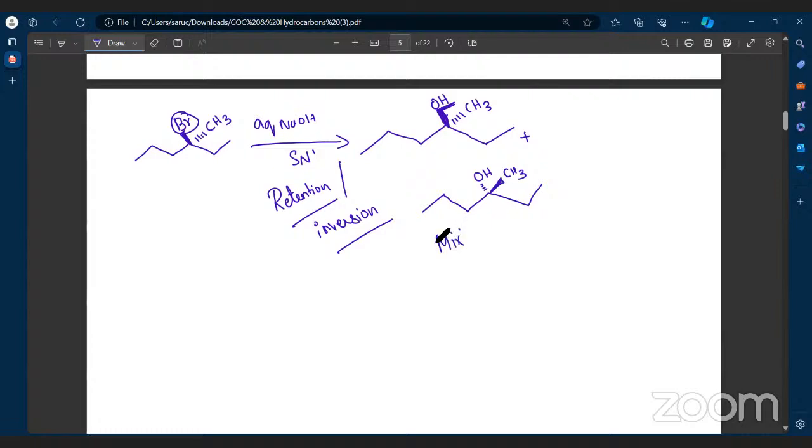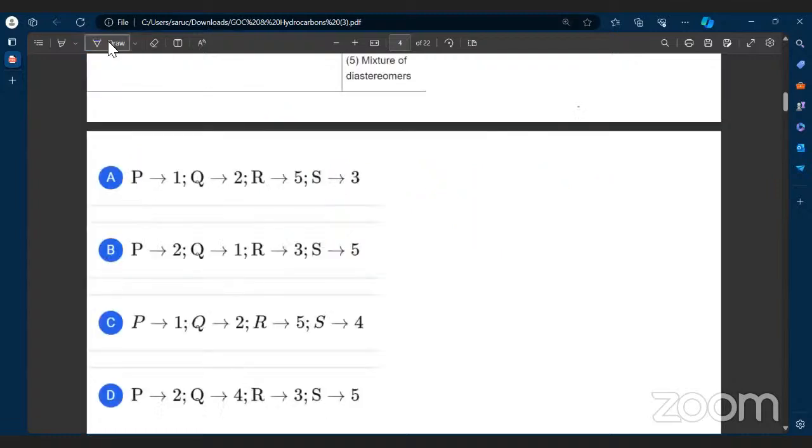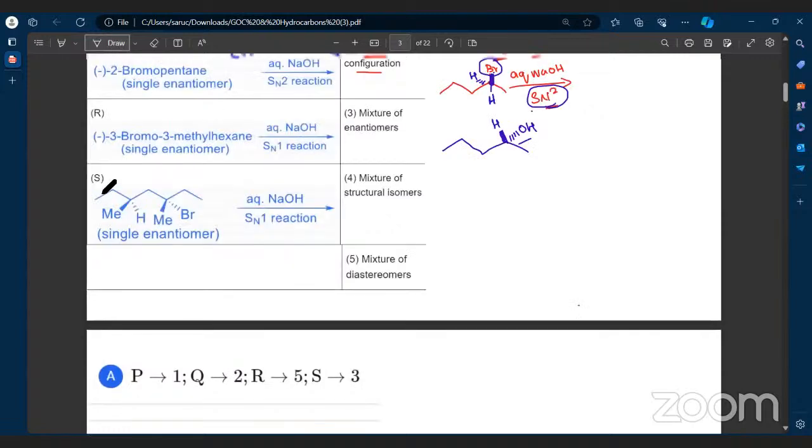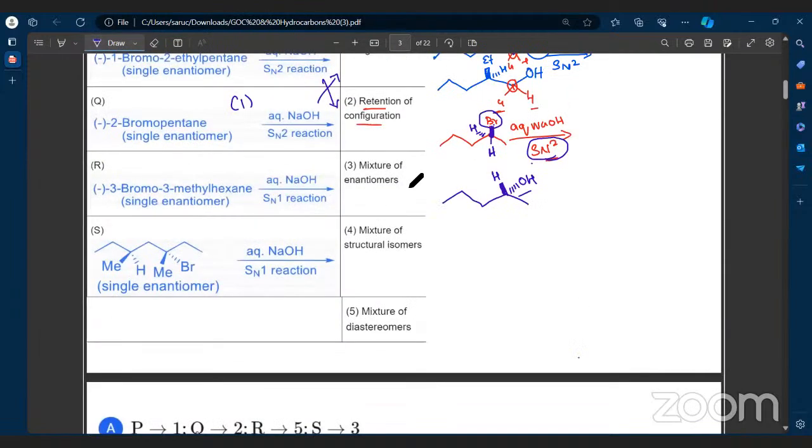So a mixture of enantiomers is formed. Therefore, the option R, you'll be getting a mixture of enantiomers. So R is going to be 3.